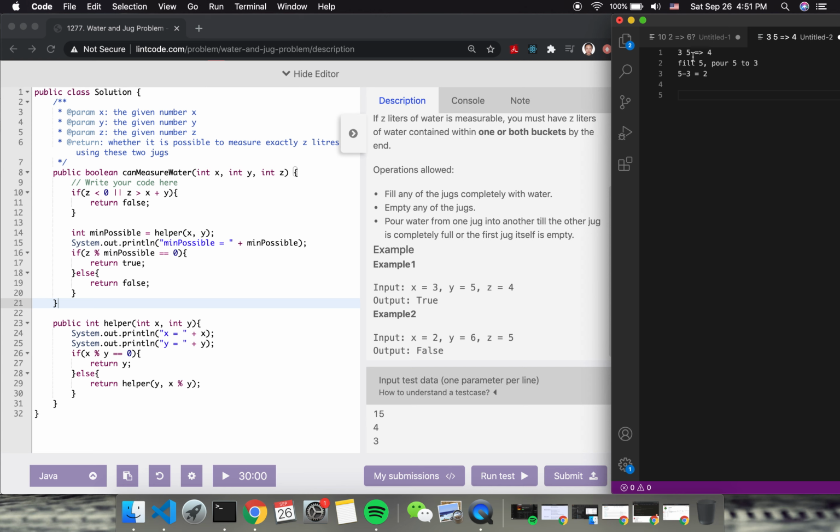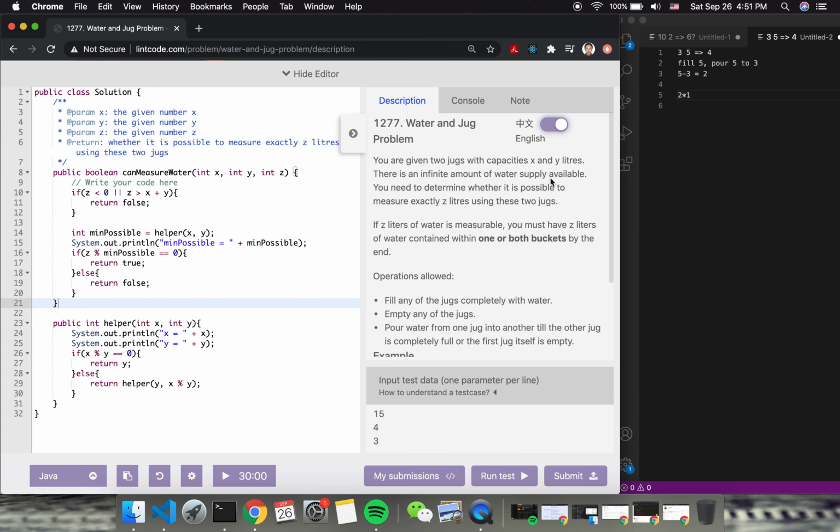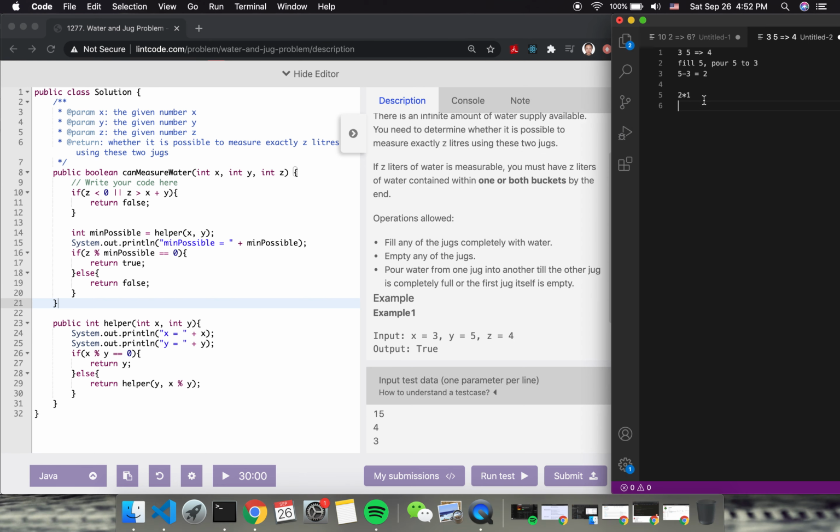From 3 and 5 we can get a 2, and since the water supply is unlimited, we can also get 4.